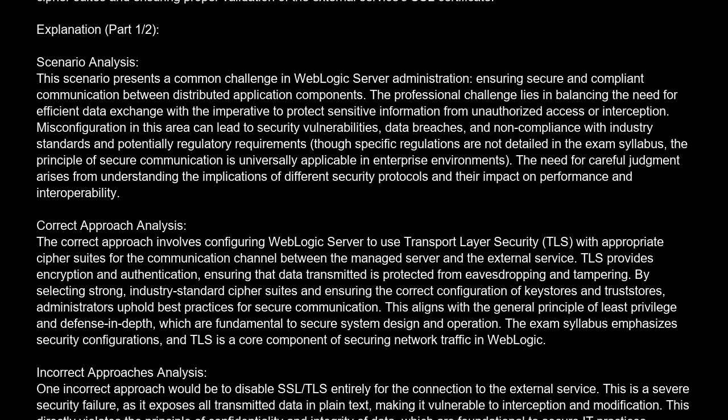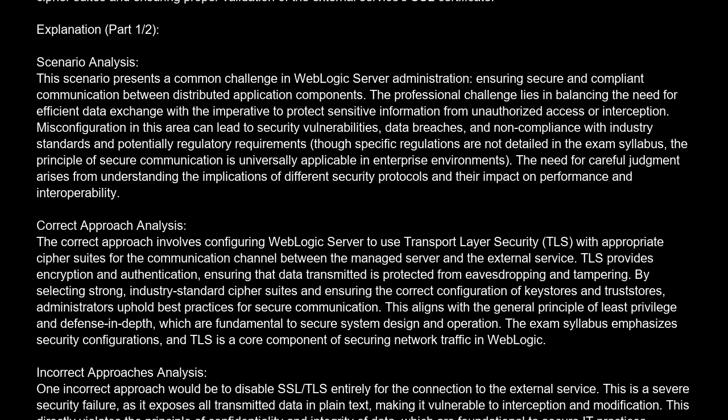Misconfiguration in this area can lead to security vulnerabilities, data breaches, and non-compliance with industry standards and potentially regulatory requirements. Though specific regulations are not detailed in the exam syllabus, the principle of secure communication is universally applicable in enterprise environments. The need for careful judgment arises from understanding the implications of different security protocols and their impact on performance and interoperability.